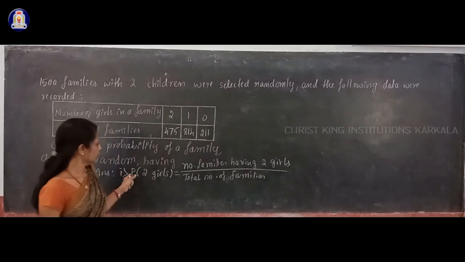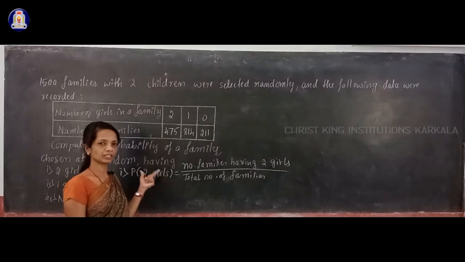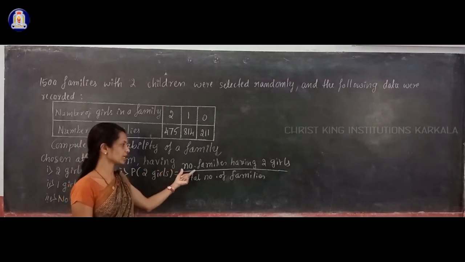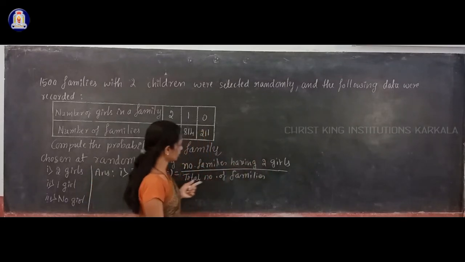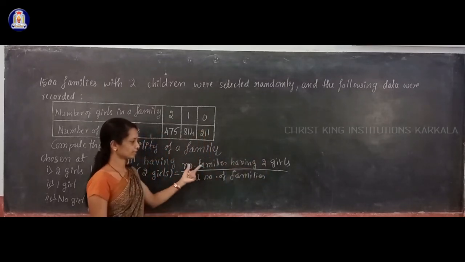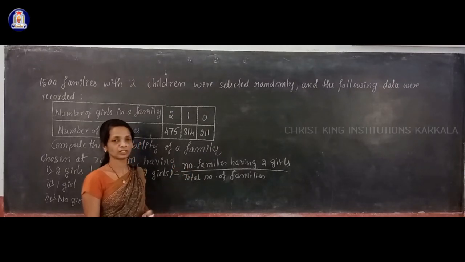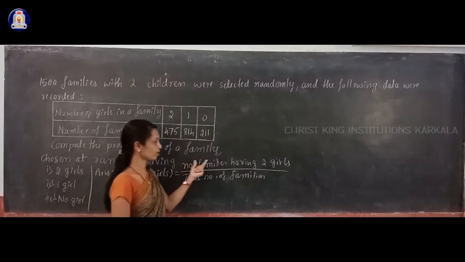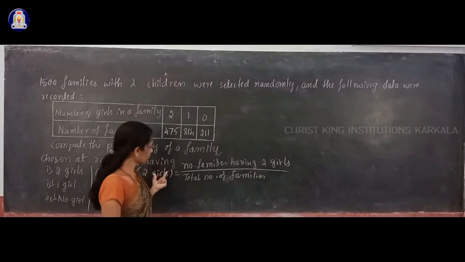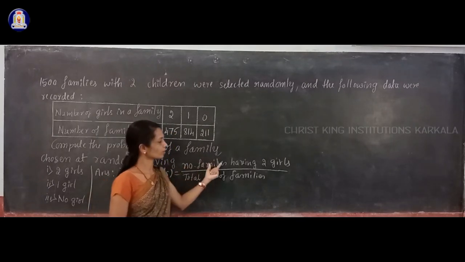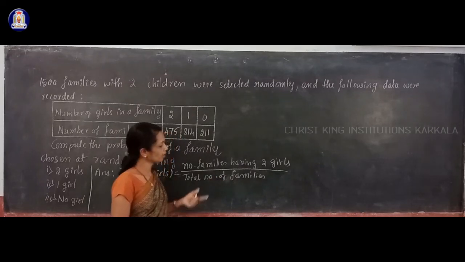So for the probability of a family having 2 girls, the formula becomes: number of families having 2 girls dividing by total number of families. In the actual formula it is the number of trials in which event E has happened, where trials are families and event E is having 2 girls, dividing by the total number of trials, total number of families.